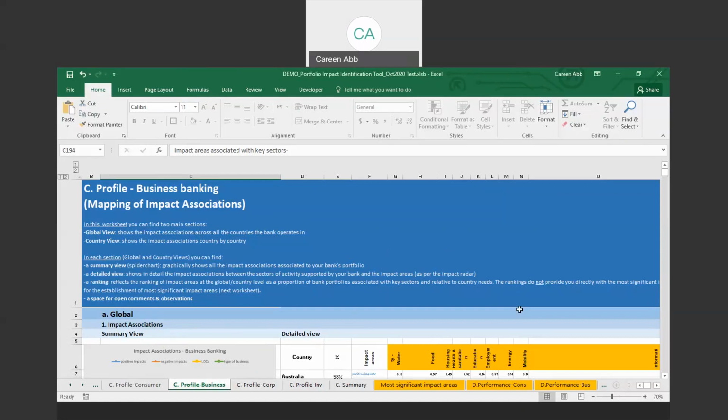Based on these initial pieces of information, the profiles are generated automatically by the tool. These are gray worksheets. All gray worksheets are output worksheets where you do not take any action inside the worksheet. This is information that is generated for you.